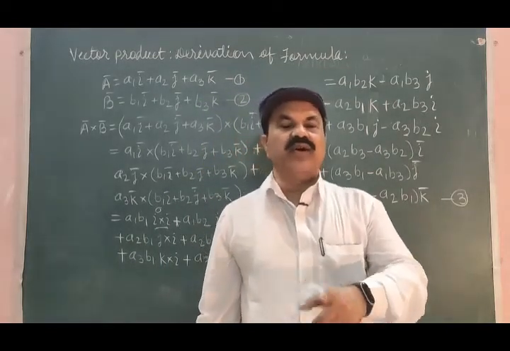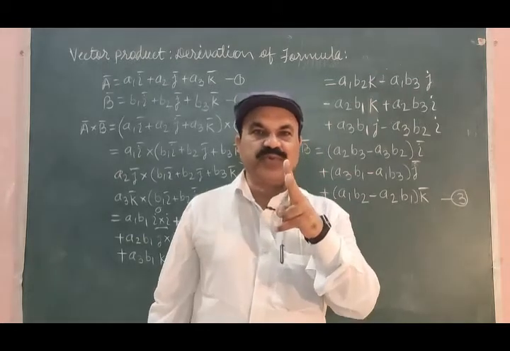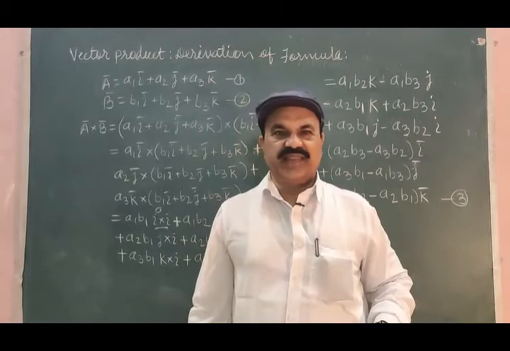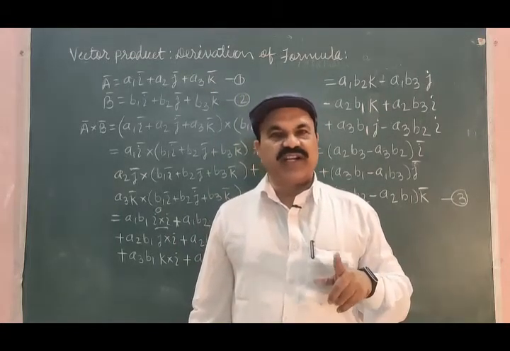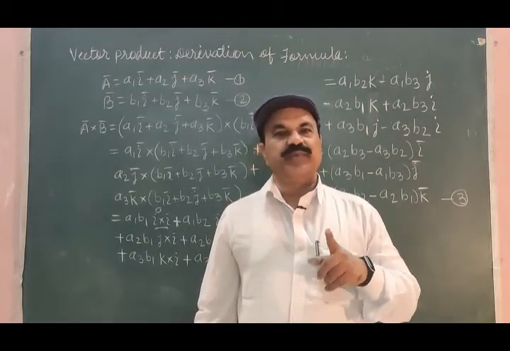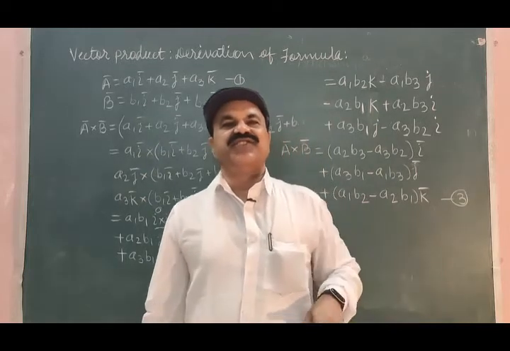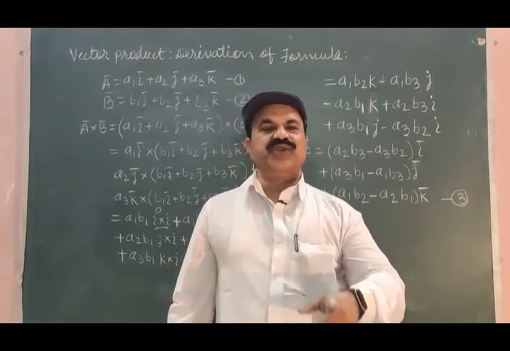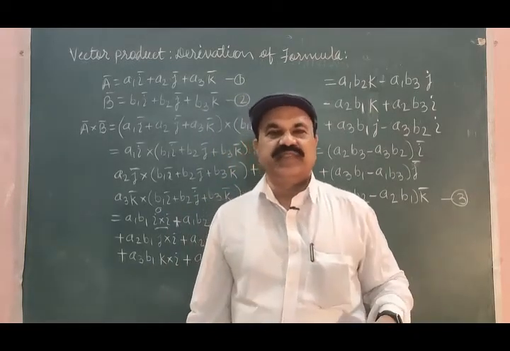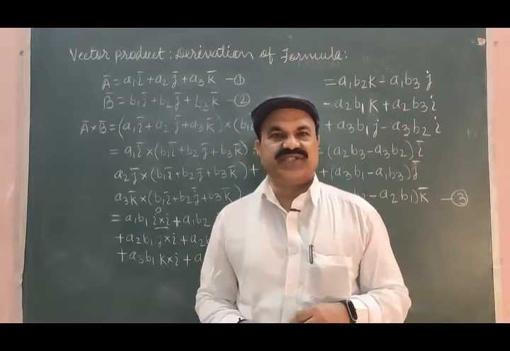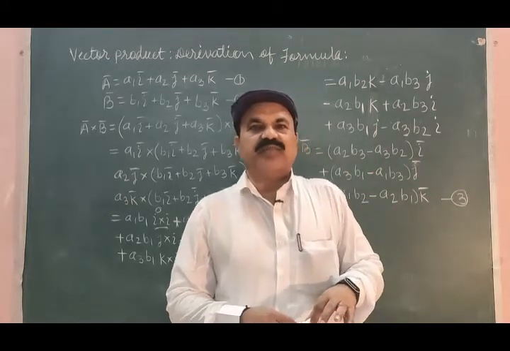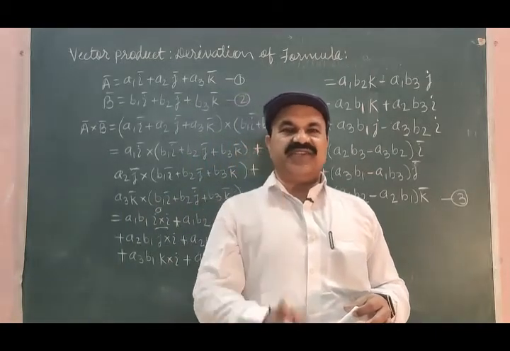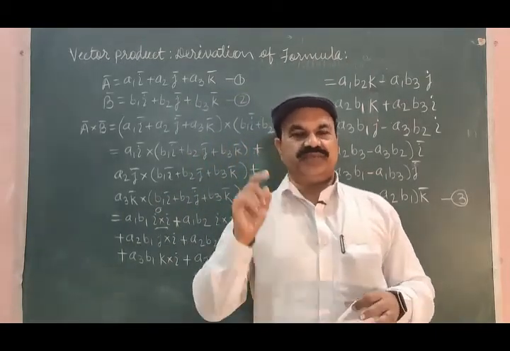The cross product or vector product of 2 parallel vectors is always 0. You may remember this as one of the properties of the vector product of two vectors.